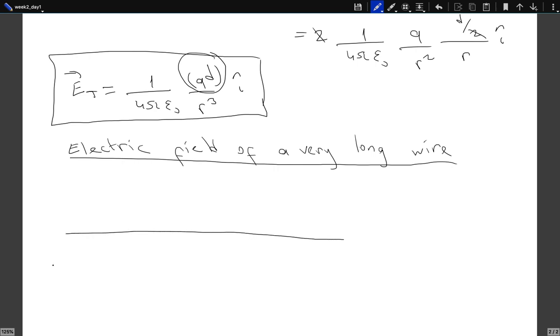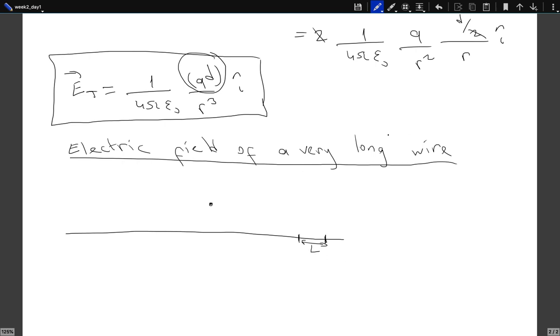So this is my wire, and I want the electric field at this point. Now, if it's infinitely long, it cannot have a finite charge, so let's just take some length.